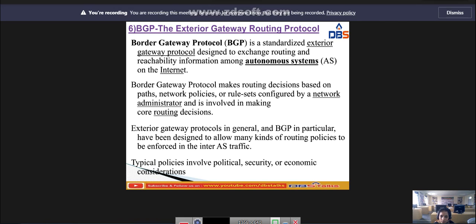Exterior gateway protocols in general, and BGP in particular, have been designed to allow many kinds of routing policies to be enforced in inter-autonomous system traffic. Typical policies involve political, security or economic considerations.